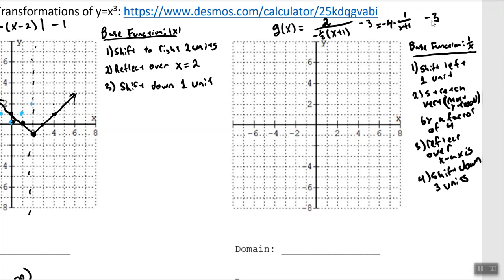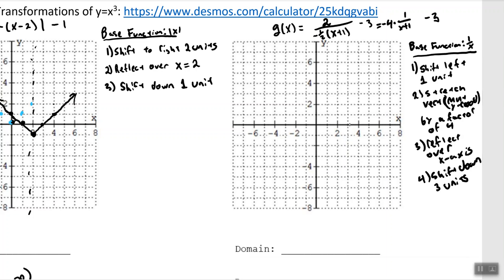Now, with a base function like 1 over x, where you know you have asymptotes at x equal to 0 and y equal to 0, I always recommend transform your asymptotes first. That will help you get a rough idea on where your picture is going to lie. So if I transform those asymptotes, and say I move the y equal to 0 asymptote, if I shift that to the left, it just keeps the line on top of itself.